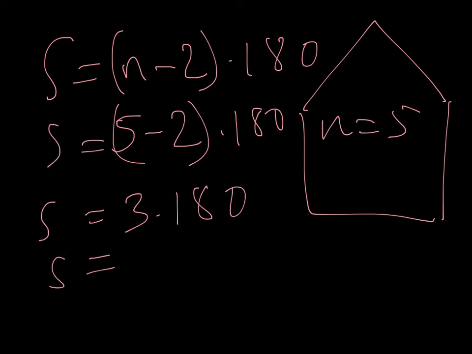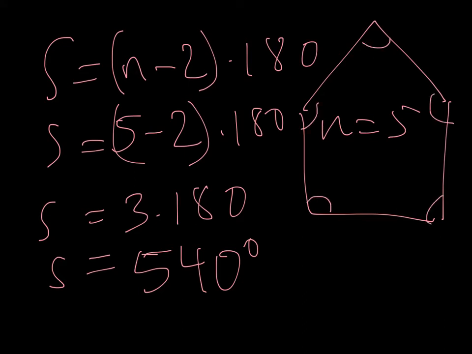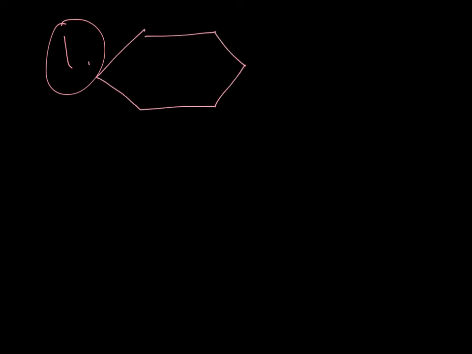So S equals 540 degrees. So that is the sum of all of these angles. Okay, now you try one. Here's your first practice problem for this video. So this is one for 3.3 now. If you have a shape with 6 sides, what's the sum of the interior angle measures?